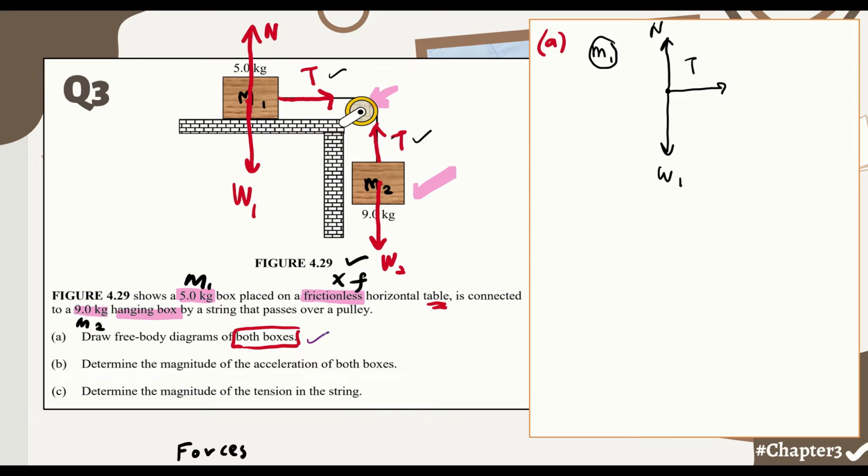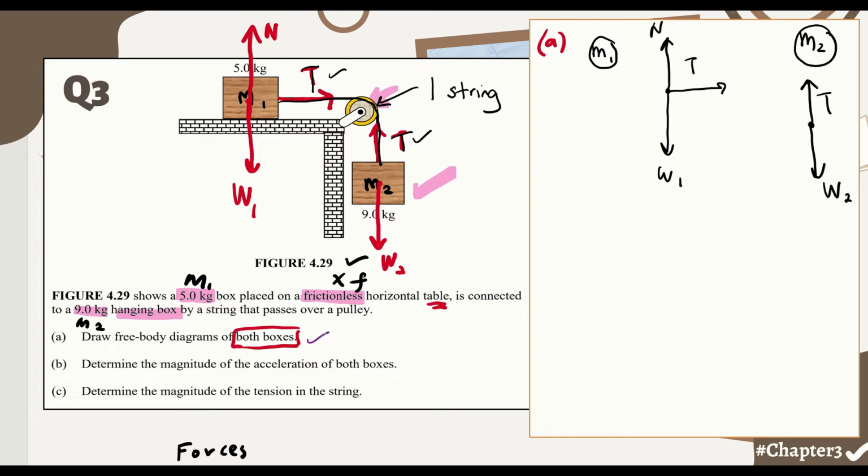We label both as T. We don't label them as T1 or T2 because it is only acting on one string, so the tension is the same. Alright, so for M2, we have T upward and we have W2. That is the free body diagram for mass number 2.